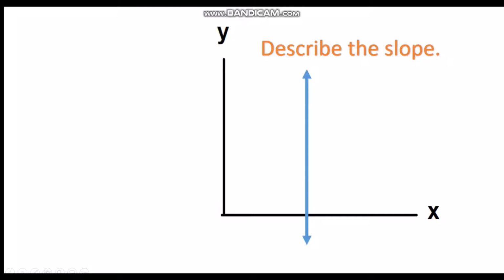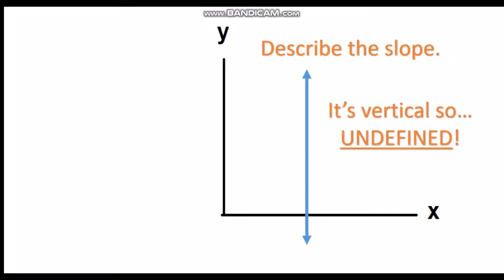Lastly, describe the slope of that line right there. Now this is kind of a trick question, and since this line is a vertical line, we say that its slope is undefined. And the reason it is undefined is a very good reason. Let's just consider the scenario, and this happens a lot to me.